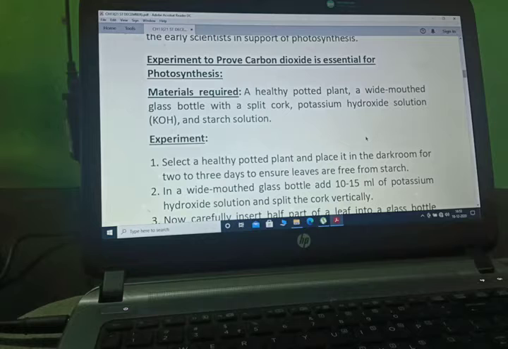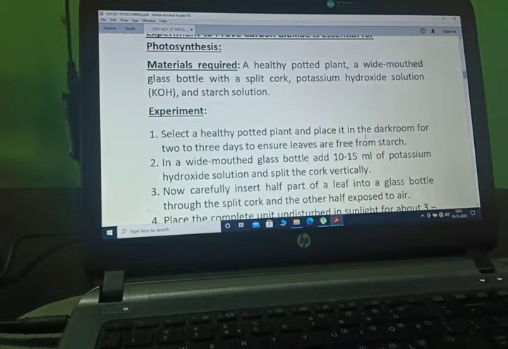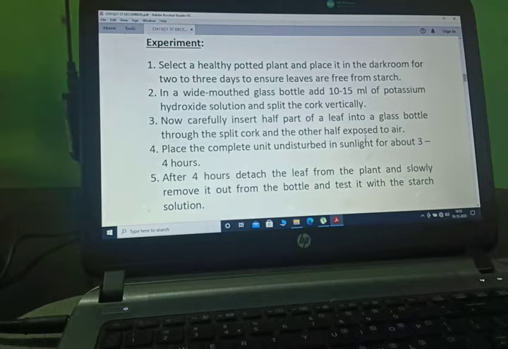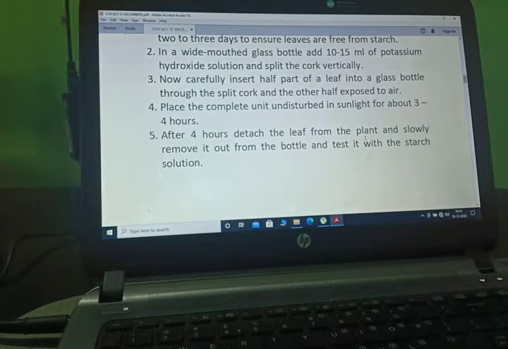Now, the experiment to prove carbon dioxide is essential for photosynthesis. Materials required: a healthy potted plant, a wide-mouthed glass bottle with a split cork, potassium hydroxide solution and starch solution. Experiment: select a healthy potted plant and place it in a dark room for 2 or 3 days to ensure the leaves are free from starch.